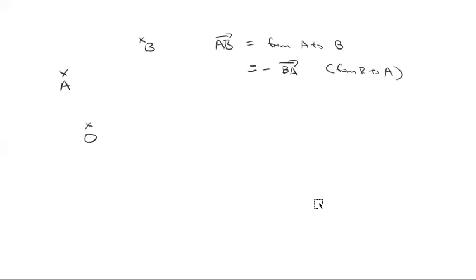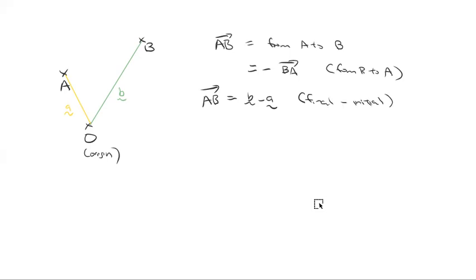But another thing to recognize is if you've got some point O, which we think of as the origin, from the origin to A is vector A. From the origin to B is vector B. Now note, AB is always B minus A. It's always final minus initial.